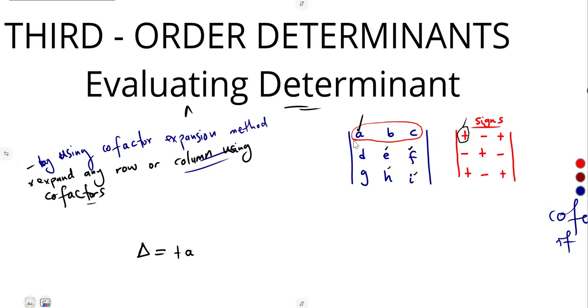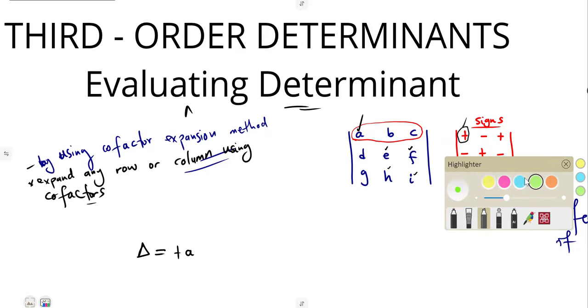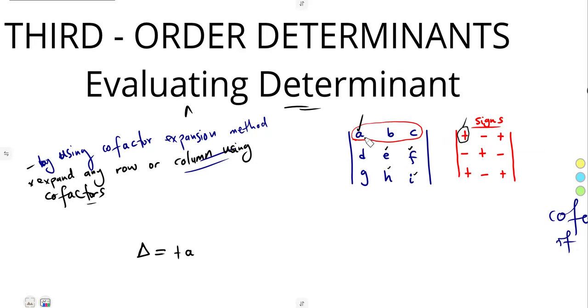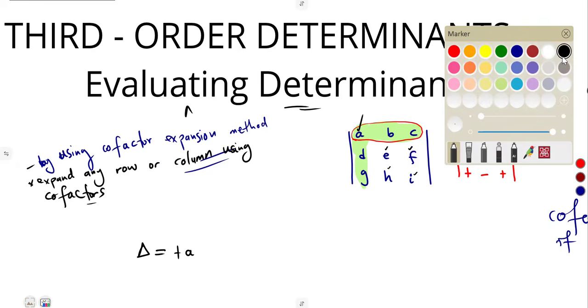So element A with its sign. But remember, a cofactor is a signed minor which is found by closing the row and column where that element A is. So if we were going to close the row and column where element A is, you'll be left with what?